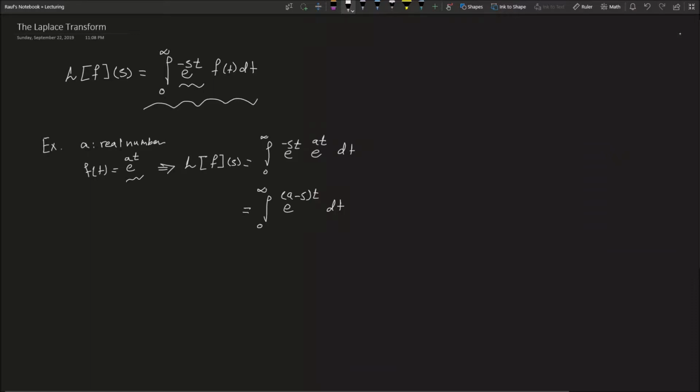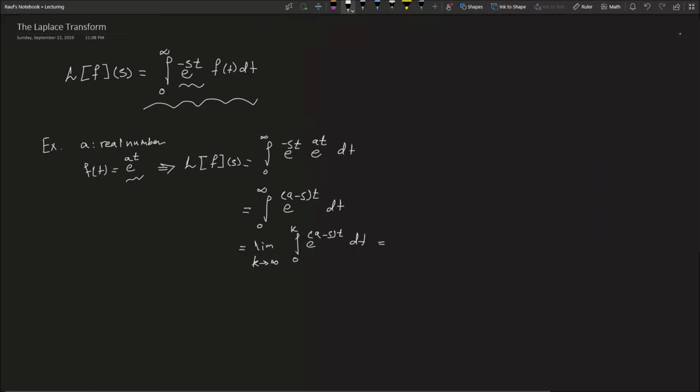Now this equals the limit of k approaching infinity of the integration from 0 to k of e to the power of (a minus s) multiplied by t dt.